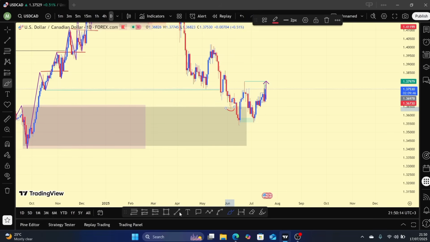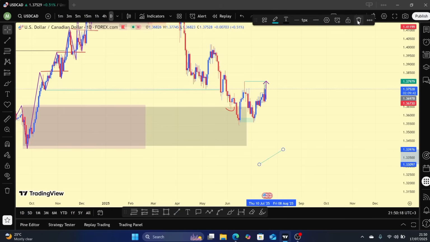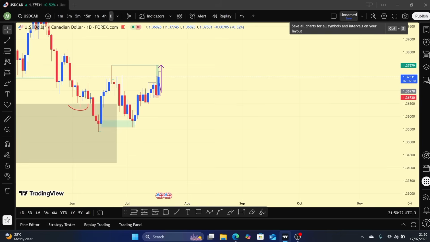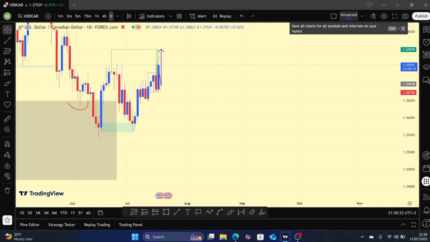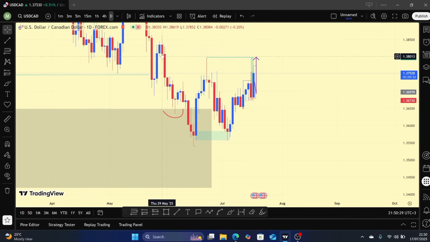And I mentioned the morning star pattern. We said that we will be looking at these patterns: morning star pattern, evening star pattern, and right here we can clearly see that. Price was coming into the zone with the sellers dominating; the selling pressure was very strong.